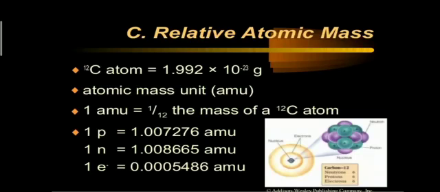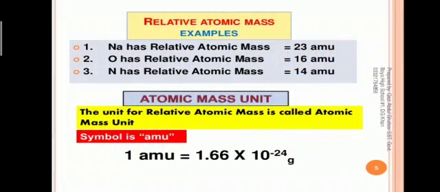Now we take 1 by 12 and multiply it by the mass which we have already defined in grams, which is 1.992 into 10 raised to power minus 23, and the result will be 1.67 into 10 raised to power minus 24 grams. But if we want to represent it in kilograms, then it will be 1.67 into 10 raised to power minus 27.